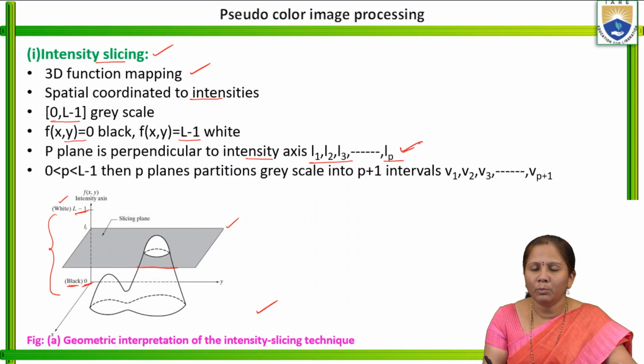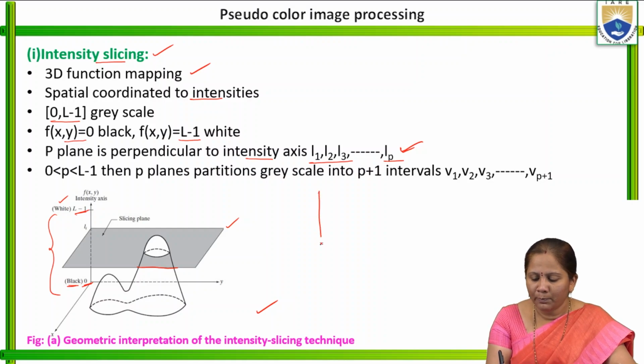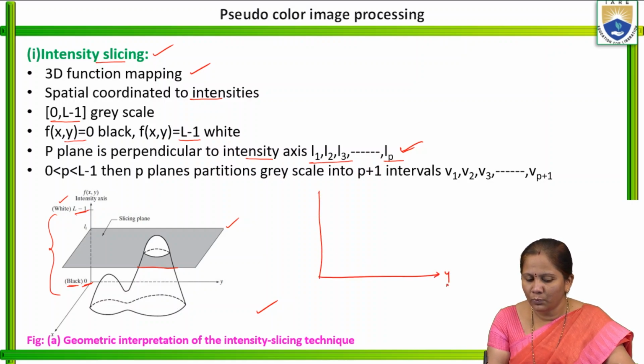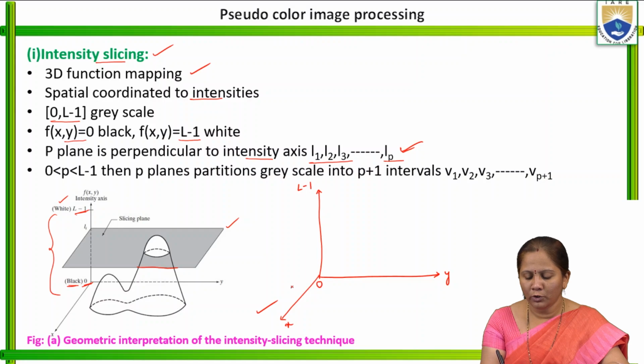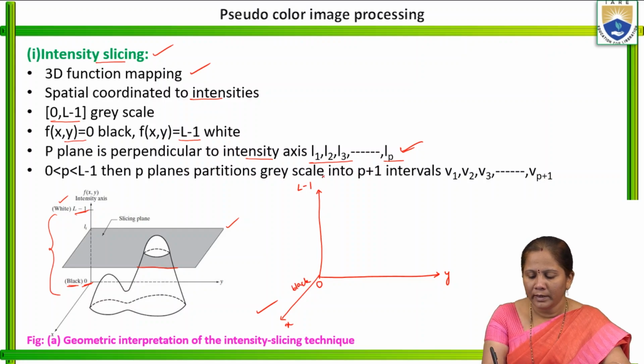to clearly understand this point, let us draw one simple graph. So this is Y, and this is X. Intensity levels are ranging from 0 to L minus 1. So 0 represents black and maximum intensity level is L minus 1 which represents white. All these are the intensity levels and they will be divided into different planes.